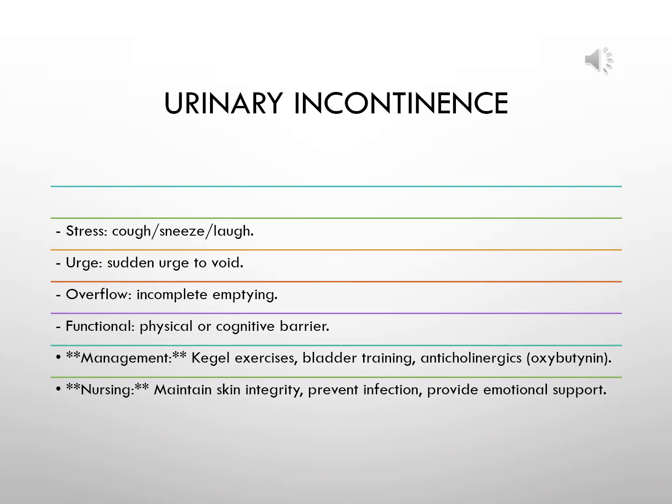For our patients with functional incontinence, this is somebody who might have physical or cognitive barriers that prevent timely toileting. So patients with dementia or immobility factors, that's where they have normal bladder function, but they can't get to the toilet in time. Then we have reflex incontinence.